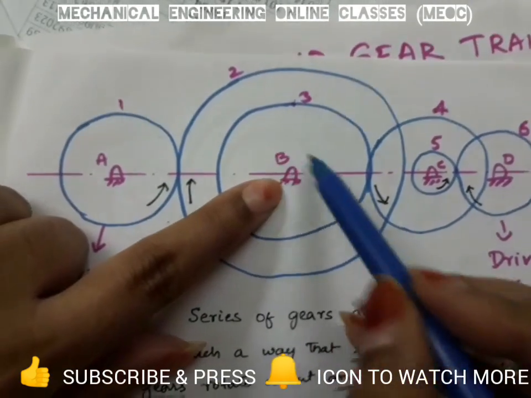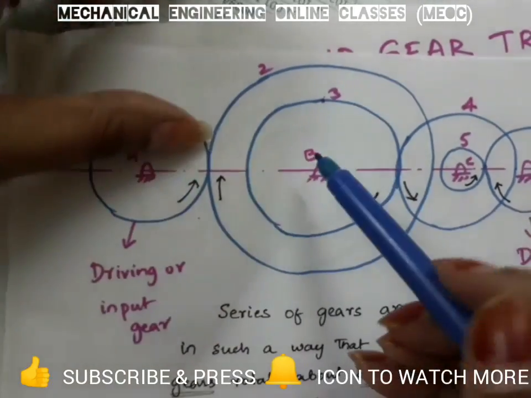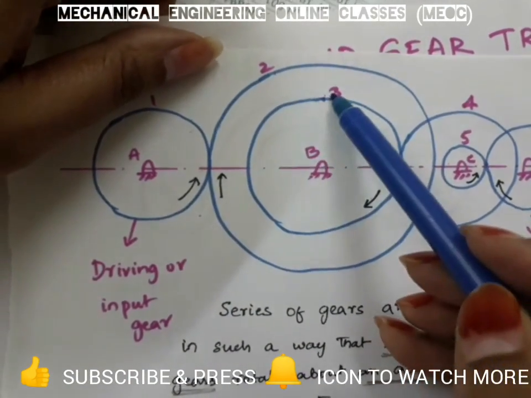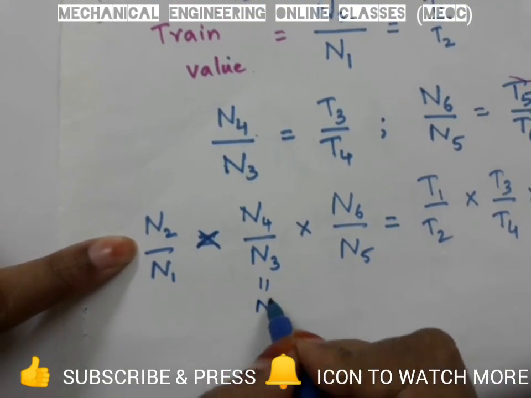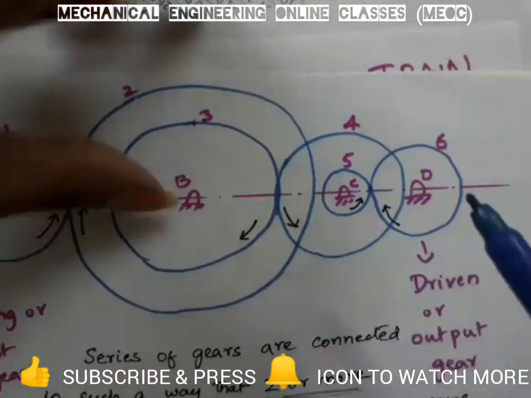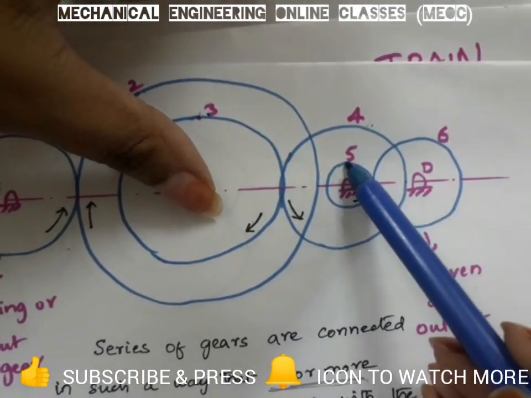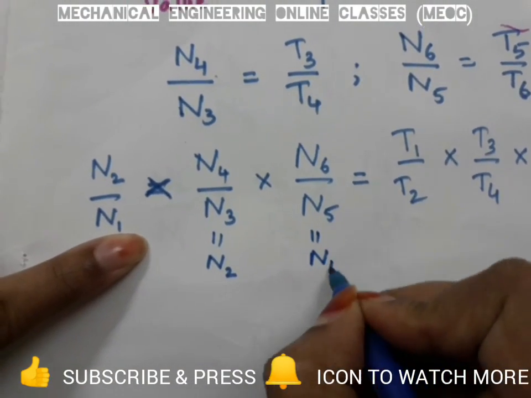If the shaft is rotating at some 100 rpm, 2 and 3 also will rotate at the same speed. So N2 should be equal to N3. Similarly, considering shaft C, 4 and 5 are on the same shaft, so N4 should be equal to N5.